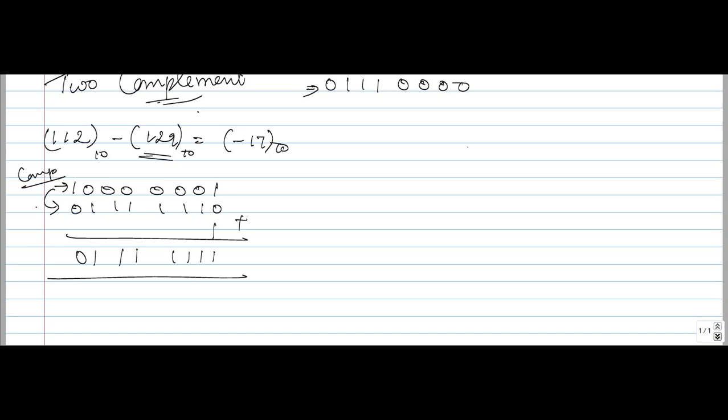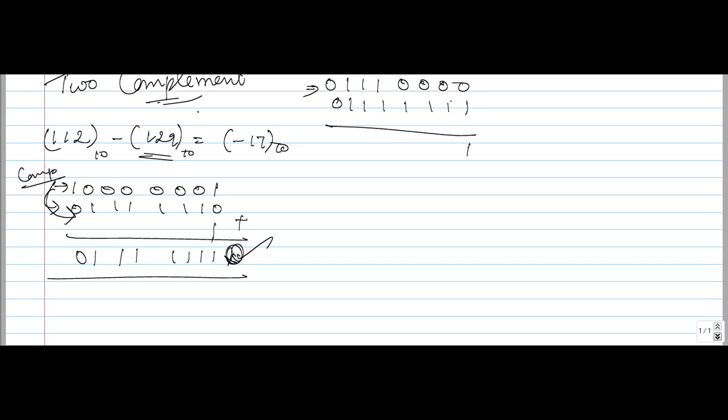So 0 plus 1 is 1, and we get 1 1 1 1 1 1 1 0. This is the value converted from 129, and this is the complement value of 129, and by adding 1, you got the 2's complement.